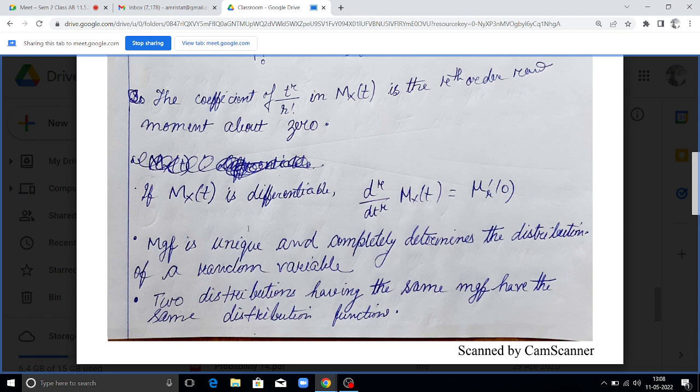Four parameters are needed to completely specify a distribution: the mean, the SD, the skewness and the kurtosis. So maybe the first one or two moments may be the same for two distributions, but it is generally not true. Even if it is true for one or two moments, all the moments will never be the same for two distributions.